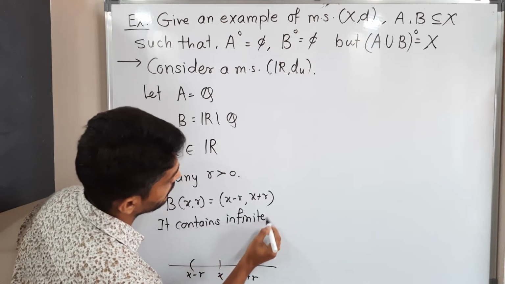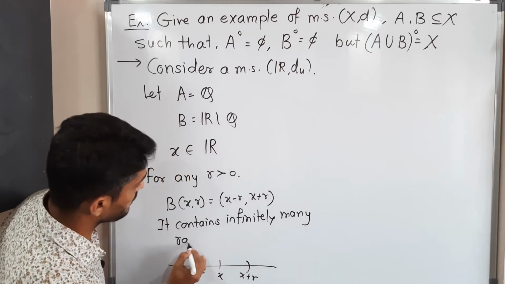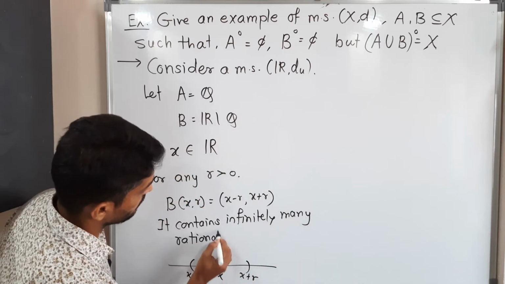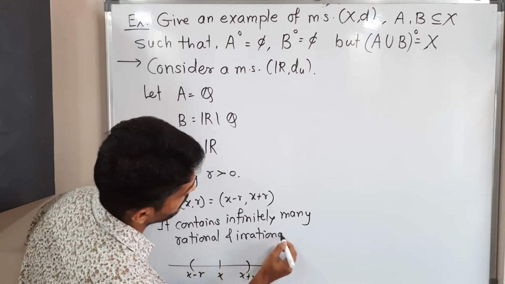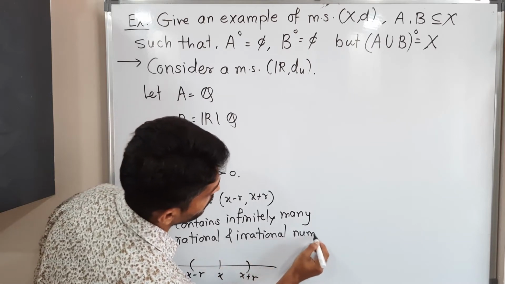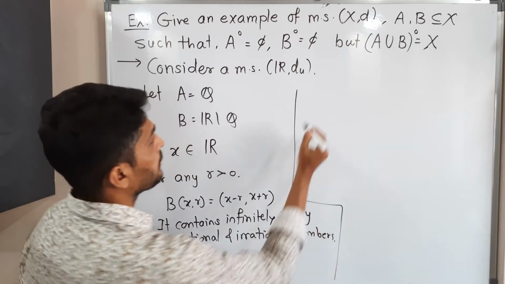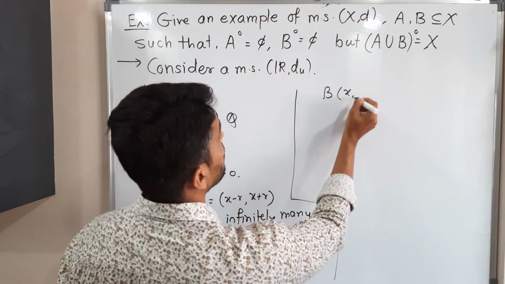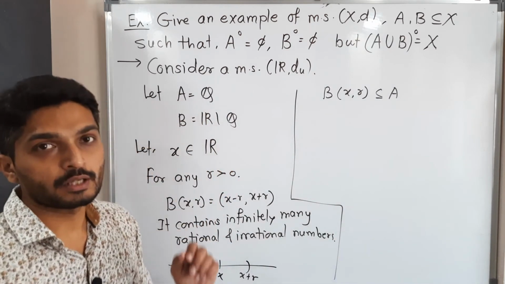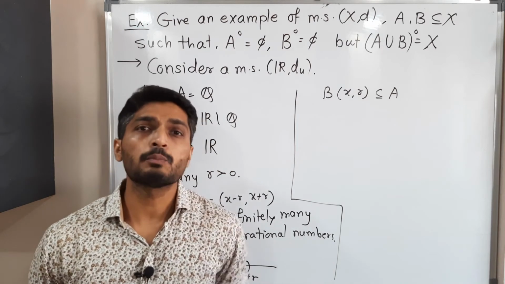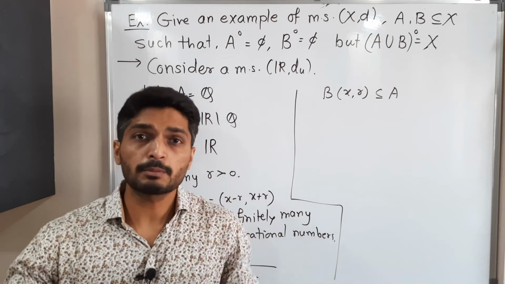So I will mention here, it contains infinitely many rational and irrational numbers. Okay, so what I want to say is that B(x, r) is not a subset of A, where A means rational numbers. If you select any point and any radius, then definitely that open ball contains infinitely many irrational numbers.